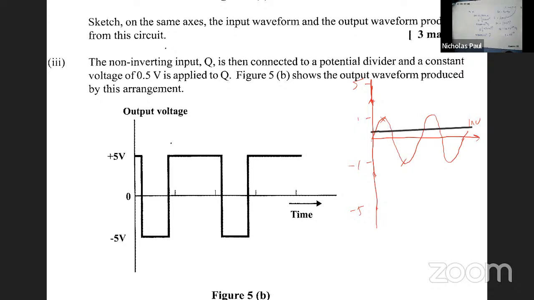So the black line is there, and in the middle.